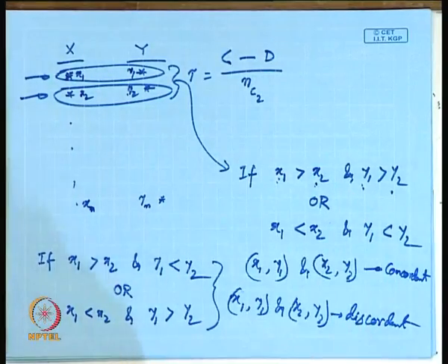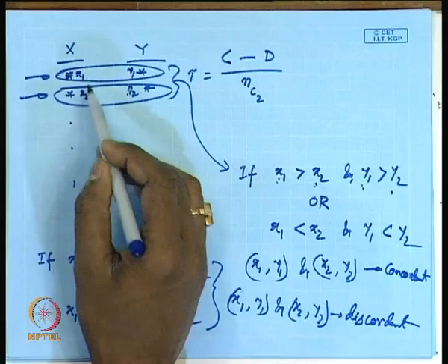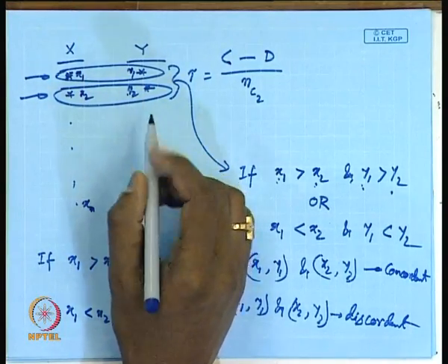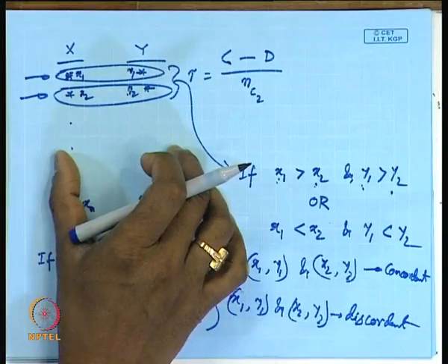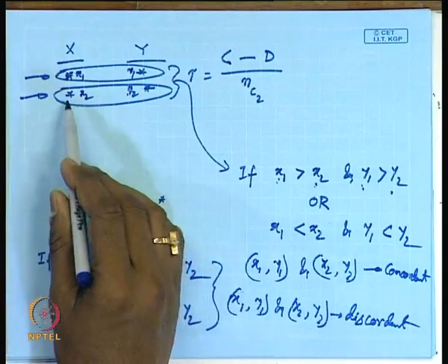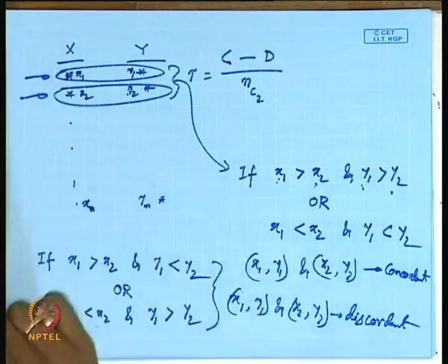Now, one more thing can happen: x1 is equal to x2 or y1 is equal to y2. Because this is a sample, this can happen. In those cases we generally exclude those pairs.